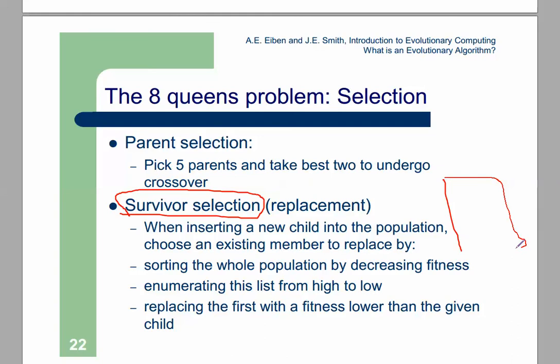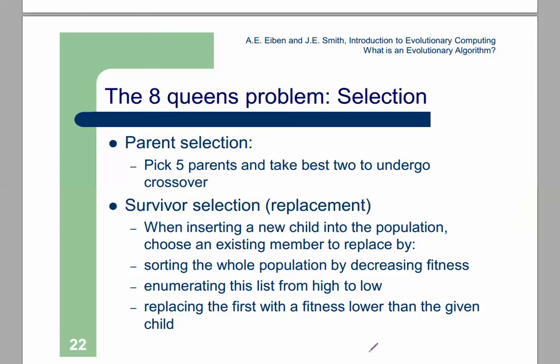So from the parents and the children or offspring, we select some individuals or solutions for the next generation. For example, based on highest fitness, the best fitness is selected for the next generation, or based on age.